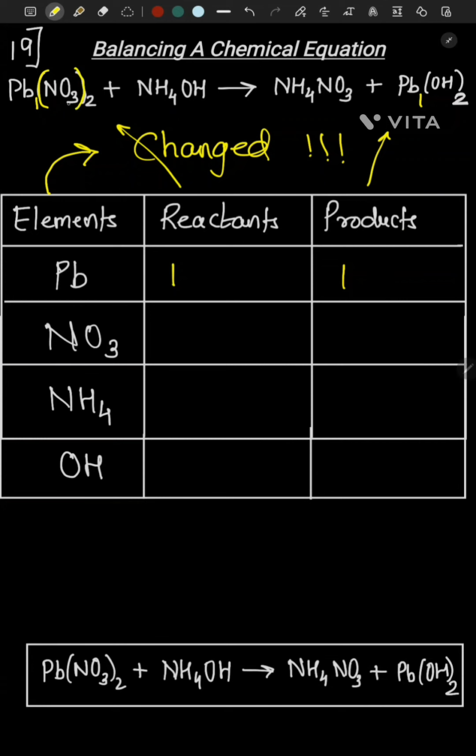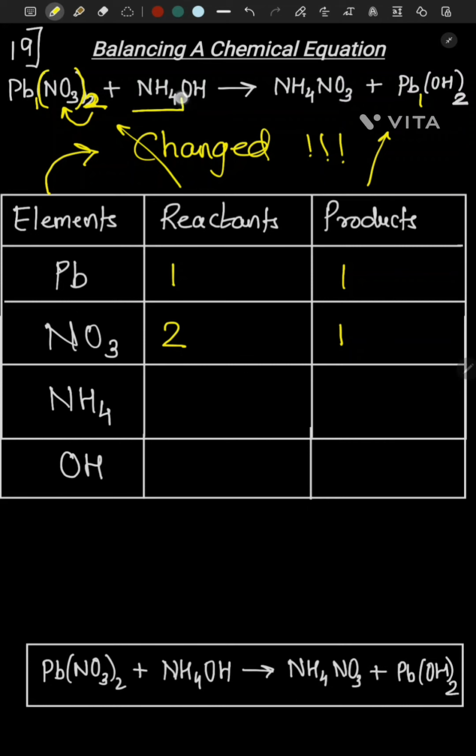It means NO3, but outside the bracket we have the number 2. So which means this nitrate is how many times? Twice, 2 times. But on the right hand side, do I find any bracket over here? No, I don't find any bracket over here. So if no bracket, then it is open. It will be considered as how many times? Only 1 time.